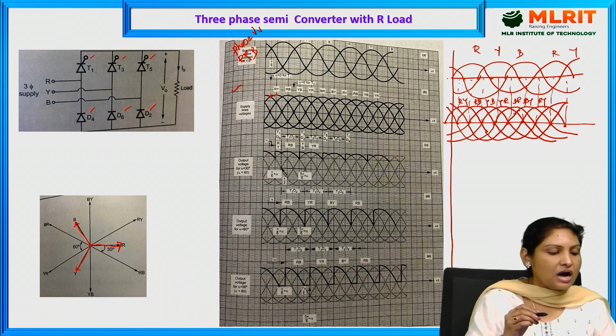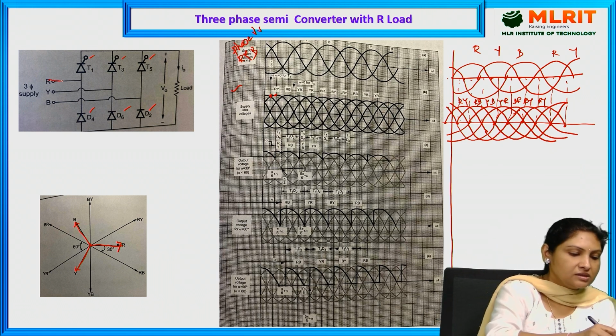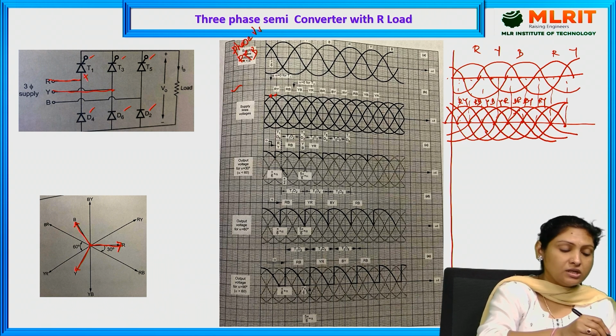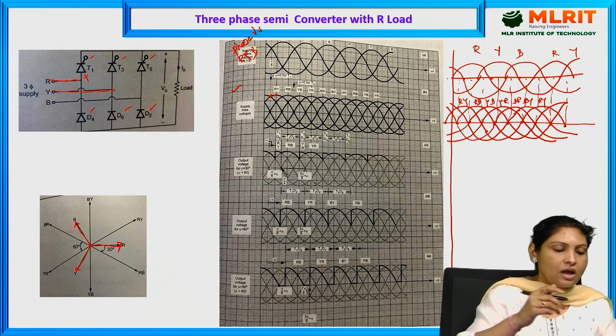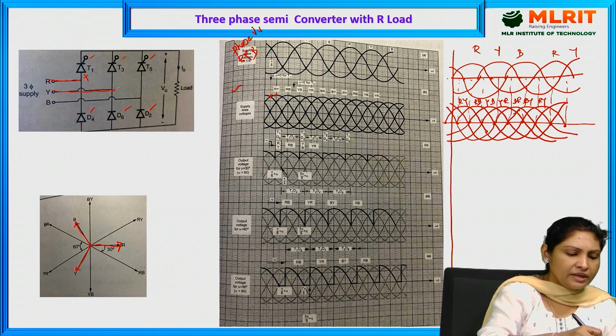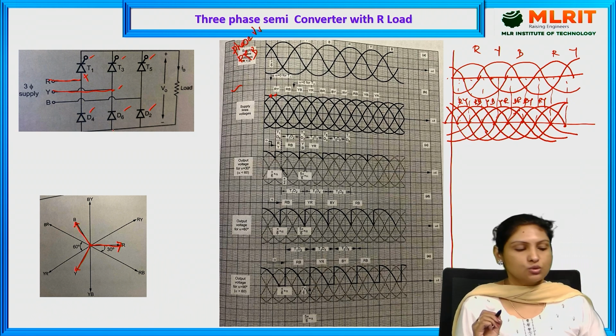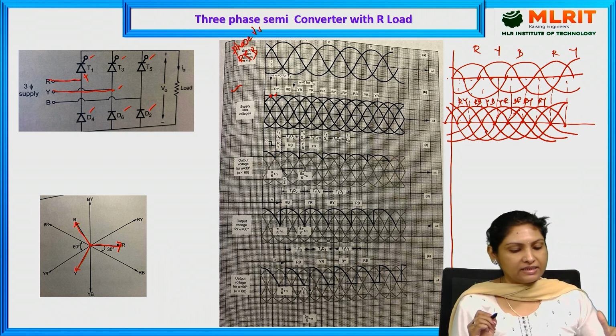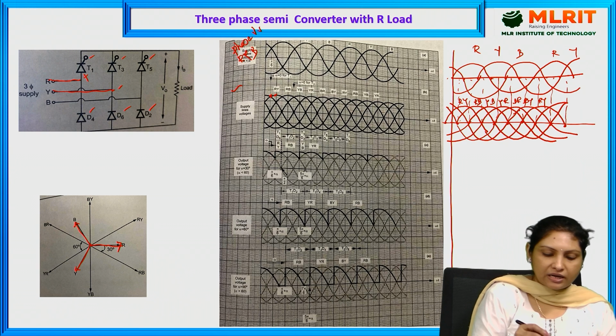So here RY phase, in the sense, this is R phase and this is Y phase. And if you see, thyristor 1's anode is more positive with respect to cathode, and here D6's cathode is more negative with respect to anode. So that is the reason T1 and D6 will be conducting right from this instant.